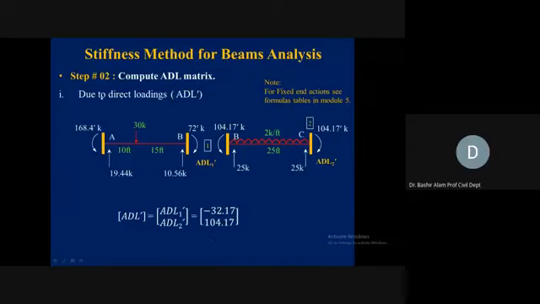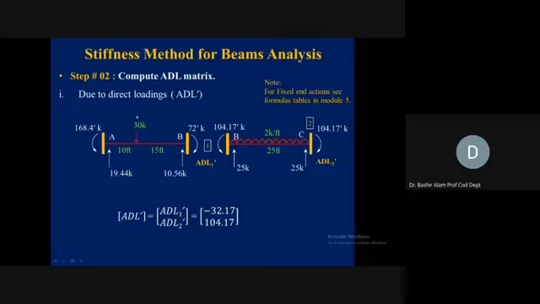So first we deal with the direct loading, which we will call ADL prime. Because of the rotation at A, we will call it ADL double prime. Because of the settlement at B, we will include that effect as ADL triple prime, and then tetra prime for the settlement at C.